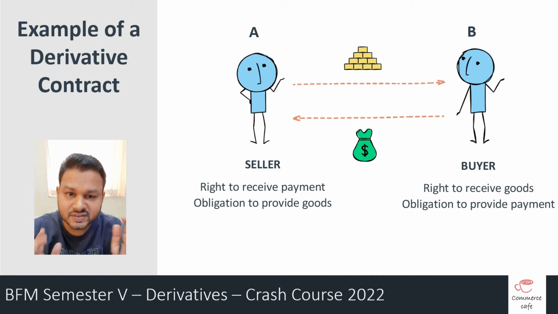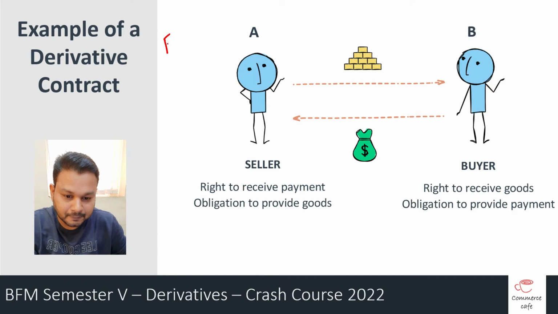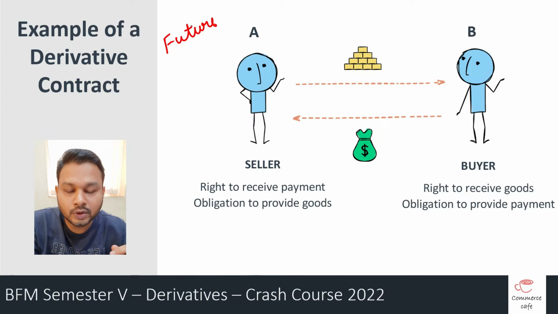That something is fixed, it is specific, it is decided. How much you will buy it for, that is also decided, but you are not buying it today. That's the only difference. You are going to buy it at a future date. You are entering into the contract today, but you are not buying it today.